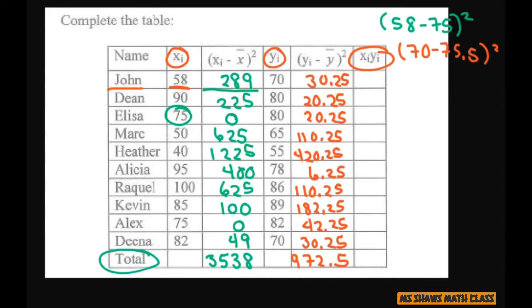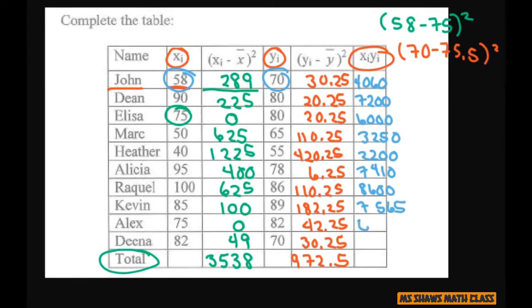And finally, we want to calculate this so we can also do our correlation coefficient. And that just means we're multiplying these two. Multiply these two numbers. So when you multiply those two, you're going to get 4,060, 7,200, 6,000, 3,250, 2,200, 7,410, 8,600, 7,565, 6,150, and 5,740.